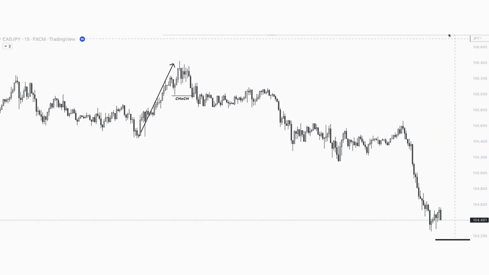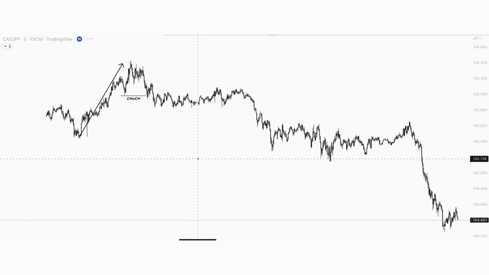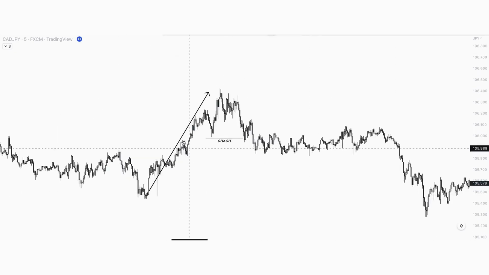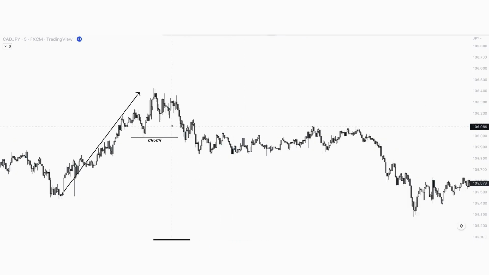When you look here, you may see a bullish or a bearish move, but on a much lower time frame, it is a clear market shift, as you can see.